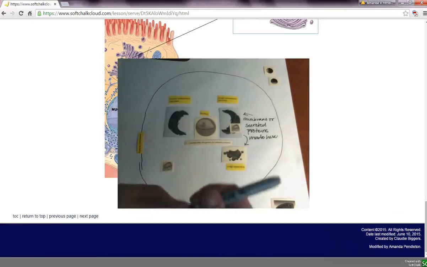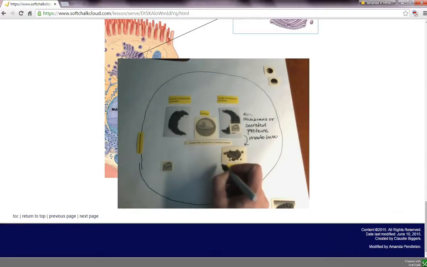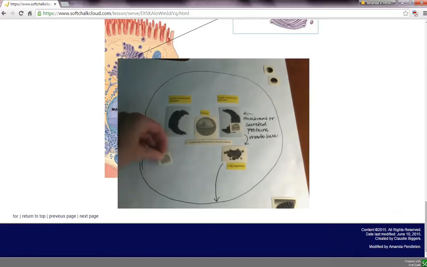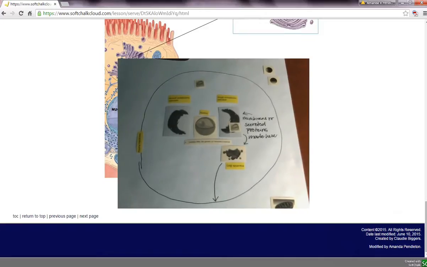And then it turns out those proteins can be delivered to the plasma membrane. And that's a big place that they're delivered. Okay. I'm going to move this guy that free floats. It just floated up here to give me a little bit. And we should put a label on there. That's a ribosome. Okay.